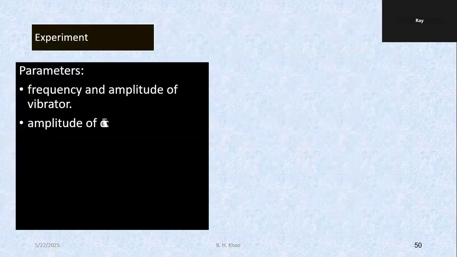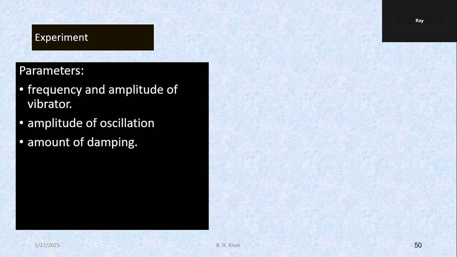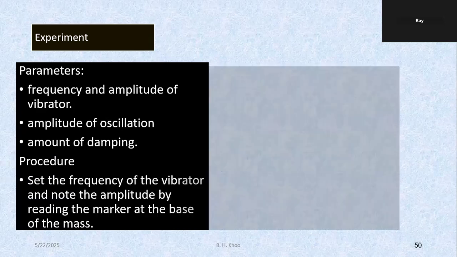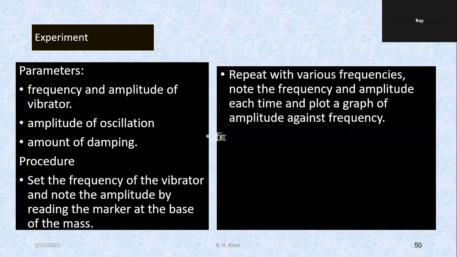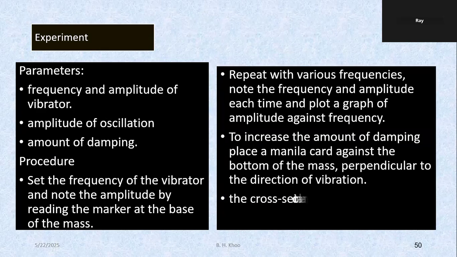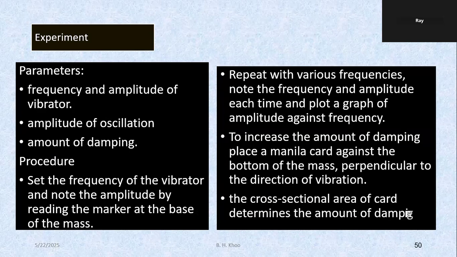So usually you have to identify the parameters: frequency, amplitude of vibration, amount of damping. Then you have to write down the procedure. Set the frequency of the vibrator and note the amplitude by reading the marker at the base of the mass.